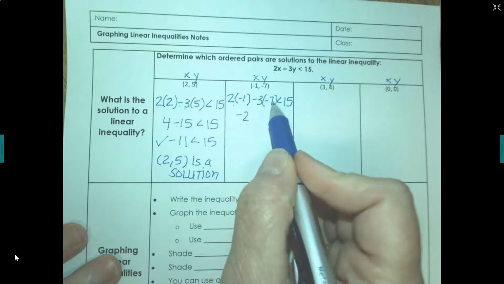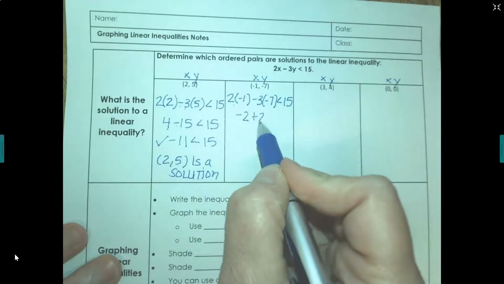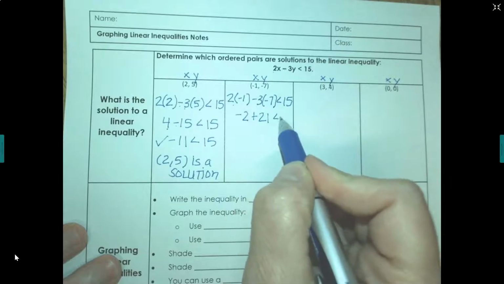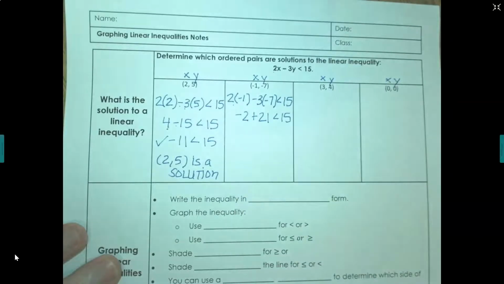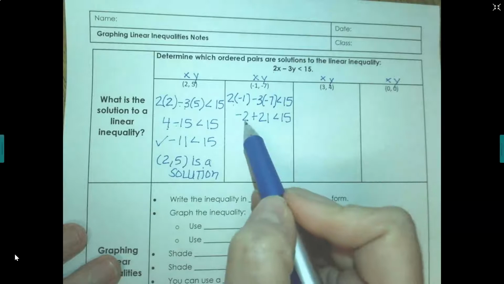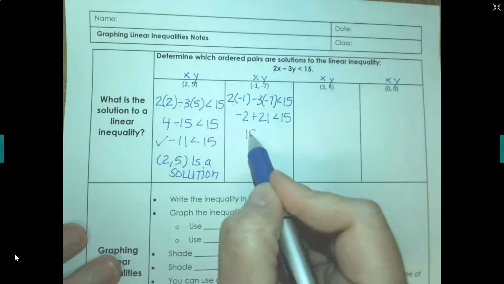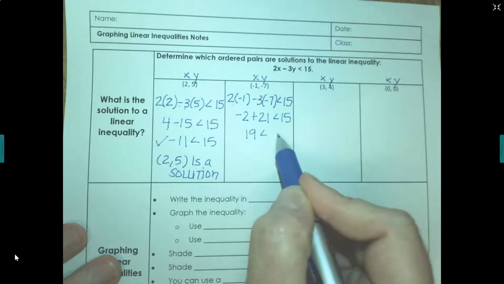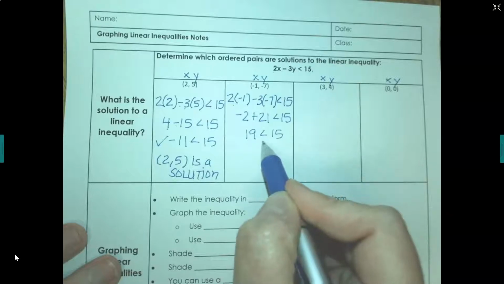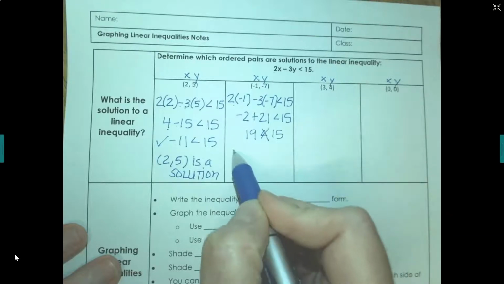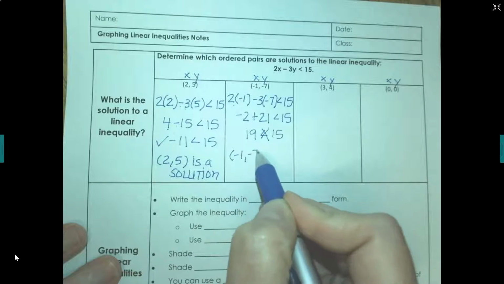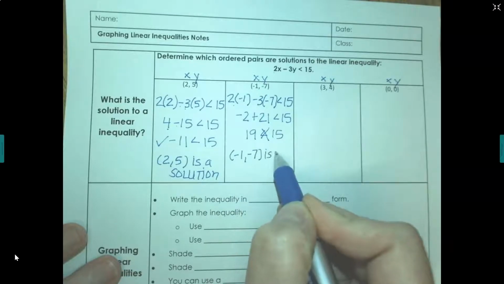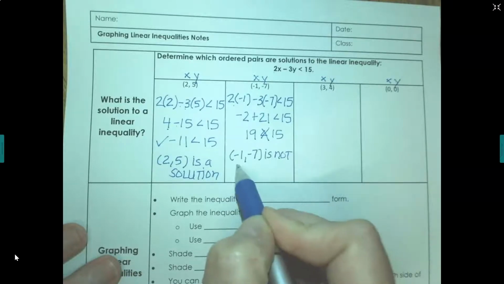Negative 3 times negative 7 is positive 21, and I need that to be less than 15 if it's going to be a solution. Well, negative 2 plus 21 is 19. 19 is not less than 15. So the point (negative 1, negative 7) is not a solution.